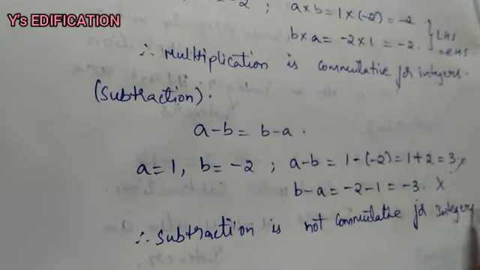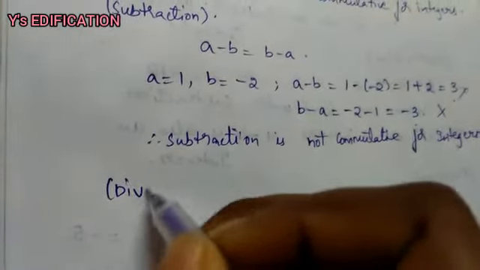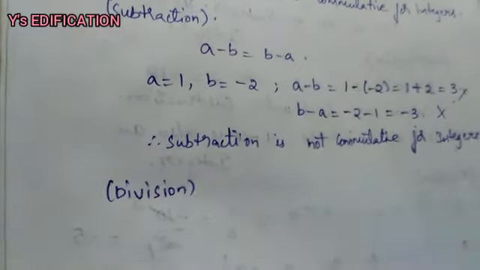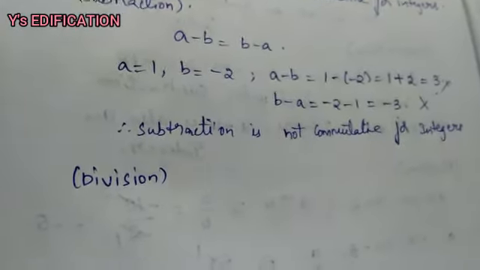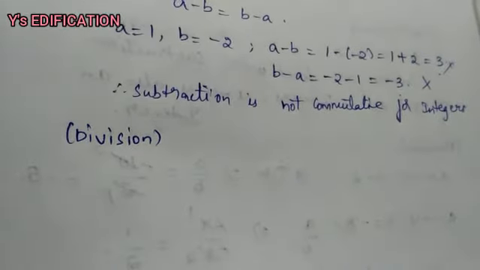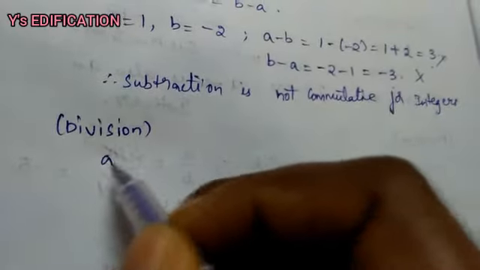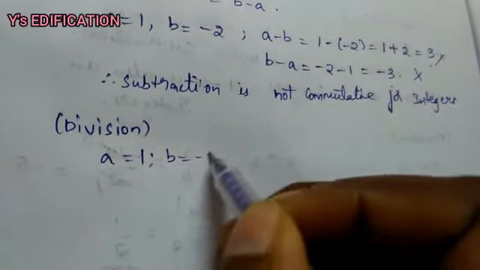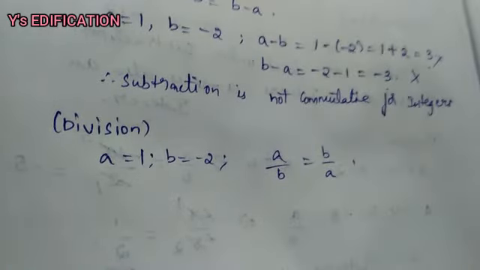Okay, you can try a few more examples in this way. I'm going to tell you about only one example. If you have any doubt, you can take a few more examples and verify it by yourself. Okay, let us do with division. a is 1, b is minus 2, that means a by b is equal to b by a.